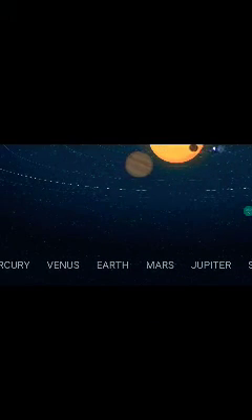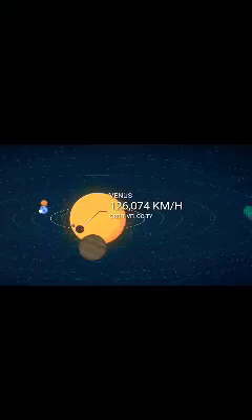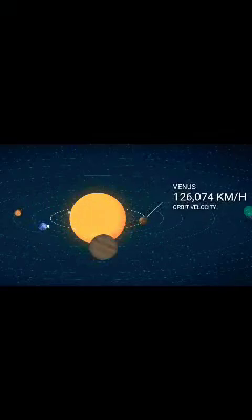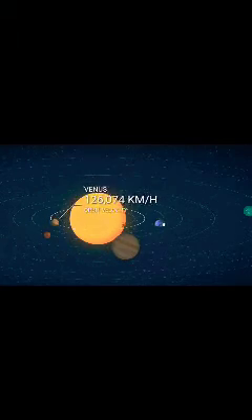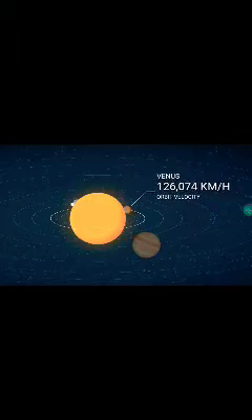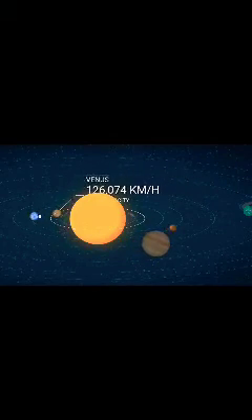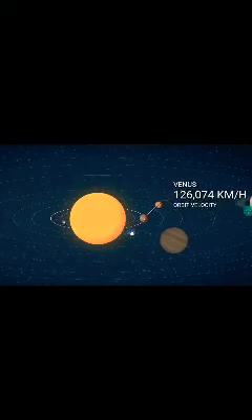Now we have to study Venus. Where is it? Venus is here, and it is the brightest planet in the solar system, and it is seen in the sky in the east before the sunrise and in the west after the sunset.